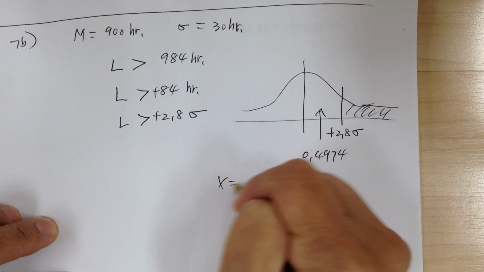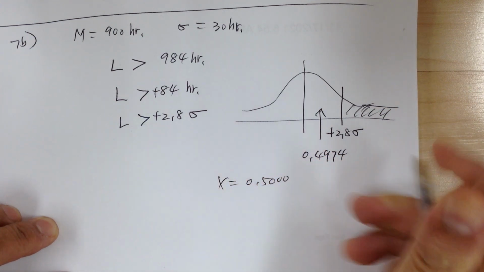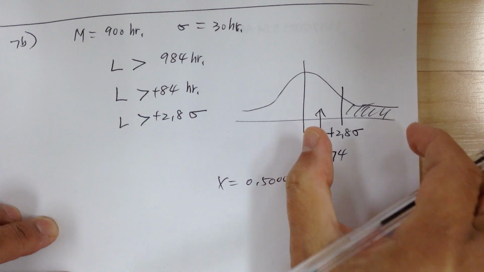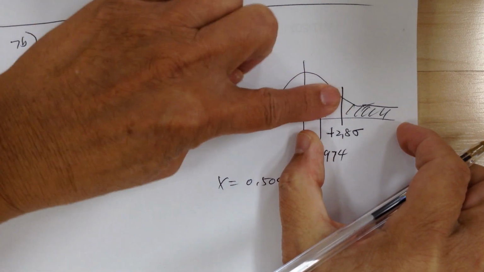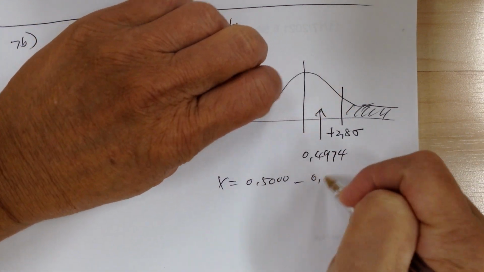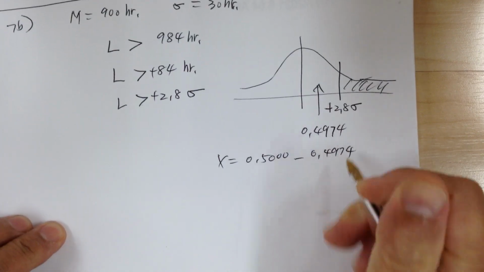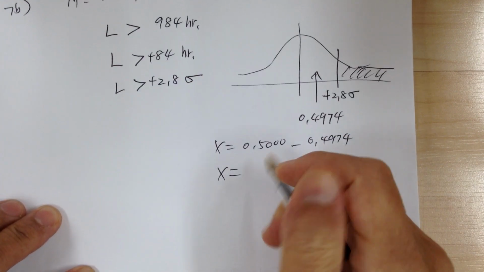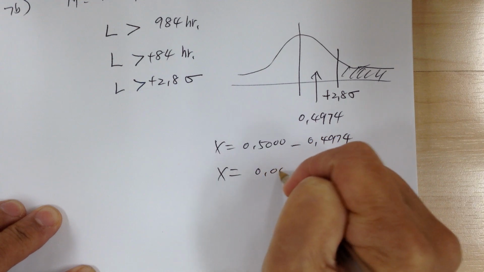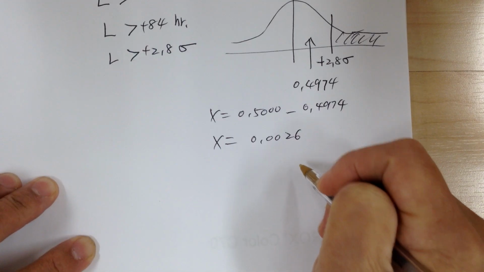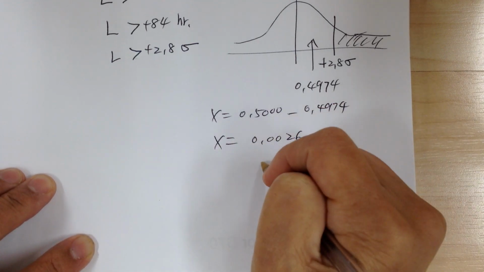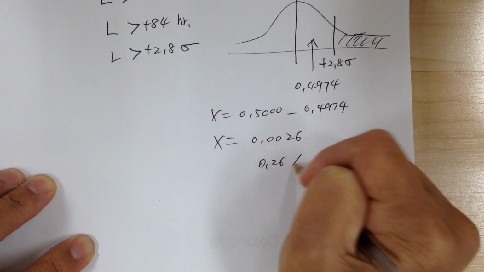Your x equals 0.5000, because it's 1/2, and you take away 0.4974. So x equals 0.0026. Convert that into percent, and you're going to get 0.26%.